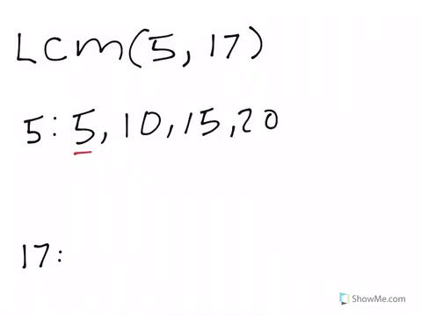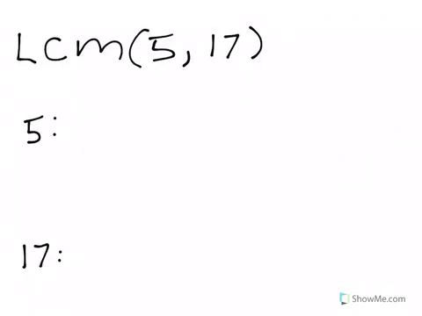And you see that, hey, we got a 5, we got a 0, we got a 5, we got a 0. And so instead of spending a lot of time making a list of 5s, because I know that rule, I can just start making my list of multiples of 17, and the first one that ends in a 5 or a 0, I should be able to know that that is the least common multiple, right?